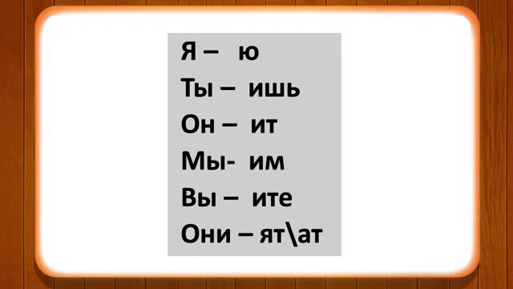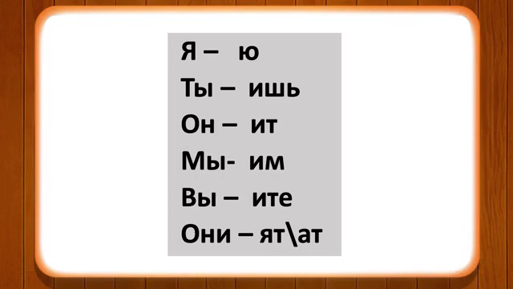For pronoun my, you take the stem and you add the ending im. For pronoun vy, you take the stem of the verb and you add the ending ite. For oni, you add the ending yat to the stem.